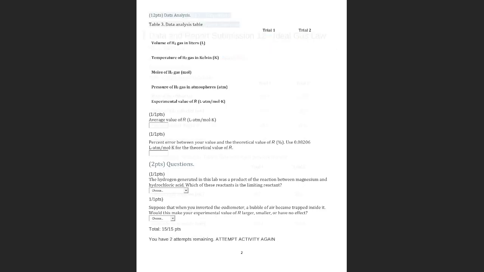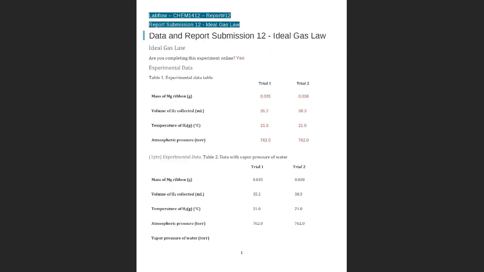So when you go back here, you have the mass of magnesium. For the trial one is 0.035 grams. So then when I have to do the calculations, here is going to be 0.035 grams of magnesium divided by the molar mass.